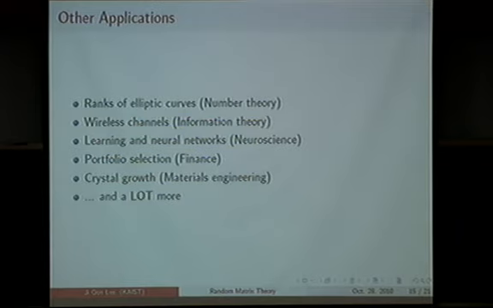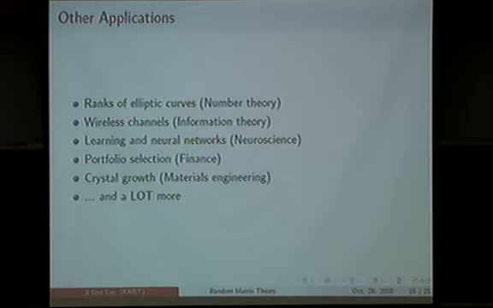So I just explained different types of applications, but there are so many more. In number theory, people consider ranks of elliptic curves. Of course, I don't know anything about the ranks of elliptic curves, but some literature says that the ranks of elliptic curves have something to do with the random matrix. And for wireless channels in information theory, I know it is widely used because the noise can be modeled by Gaussian random variables and so on.